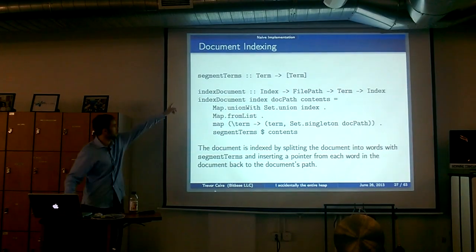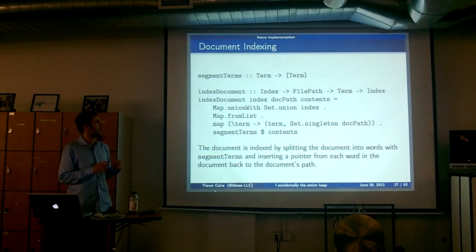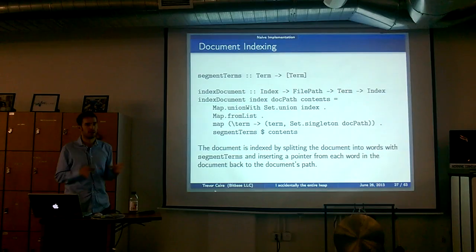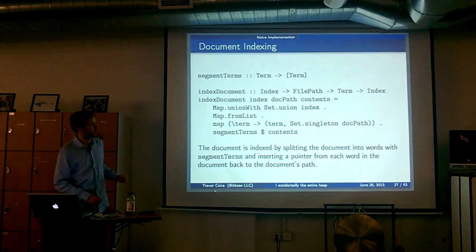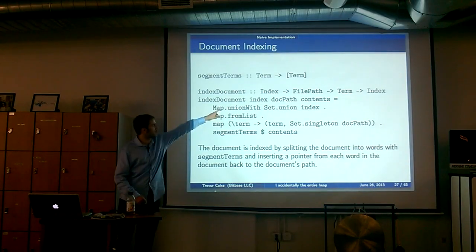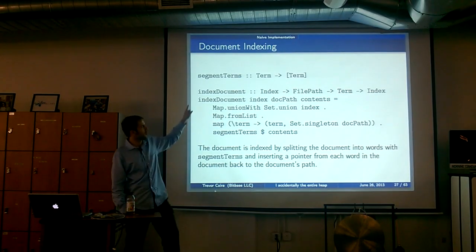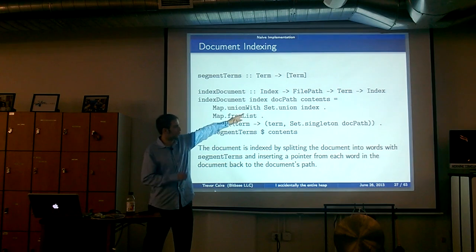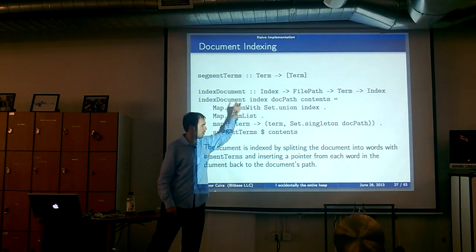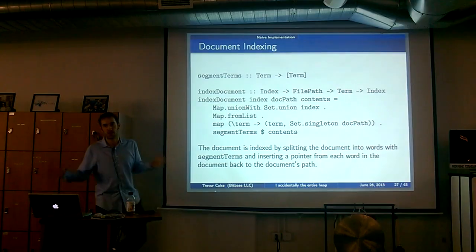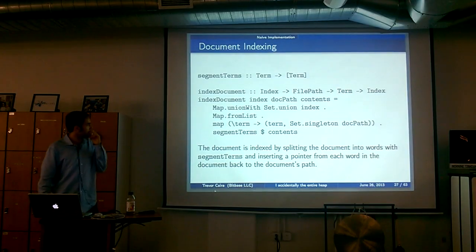So now, supposing the segment terms function, which breaks up the document contents into a list of terms, we have index document, which takes the old value of the index, the path to the document we want to add, the contents of that document, and gives us the next version of the index with that document added to it.